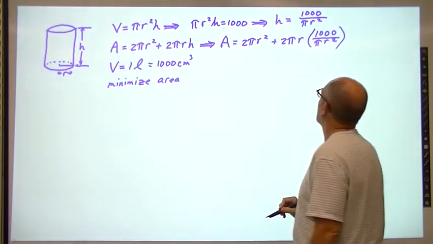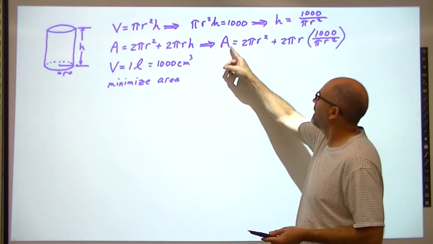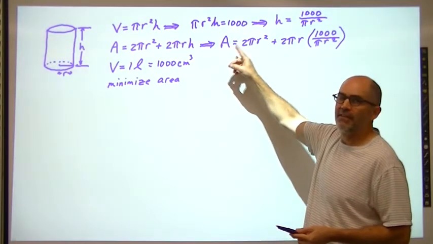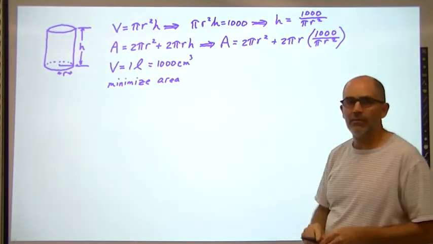Now, we want to minimize area, that means we need the derivative of area and set that equal to 0.